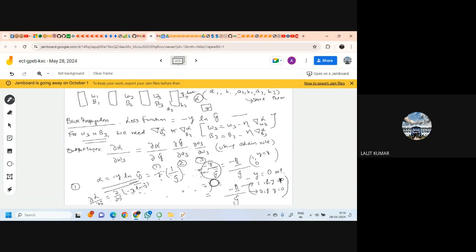Y is a constant, so y and the minus come out, and the derivative of ln of y hat is 1 by y hat. So it becomes minus y by y hat, which can also be written as minus one by y hat.